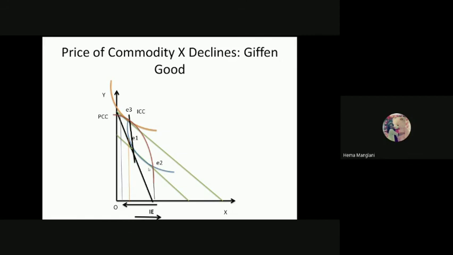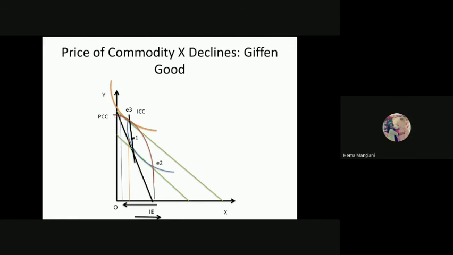But from E2 to E3, when you shift to this new indifference curve, which has a tangency at E3, giving this new vertical line of consumption, you are consuming only this much X. Earlier you were consuming this much at the initial position, and even after substitution this much. But the optimal one is this one.